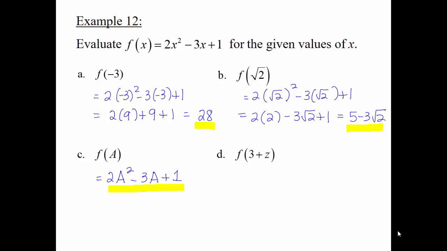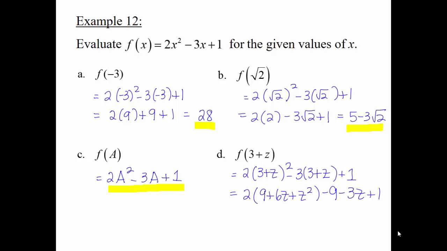Now, 3 plus z is harder because you've got 2 times (3 plus z) squared, which you're going to have to square as a binomial, minus 3 times (3 plus z) plus 1. So then you have to multiply everything out, and (3 plus z) squared multiplies out to be 9 plus 6z plus z squared.